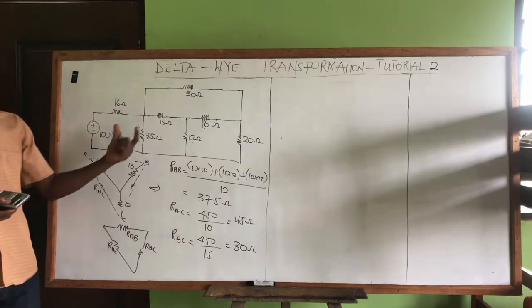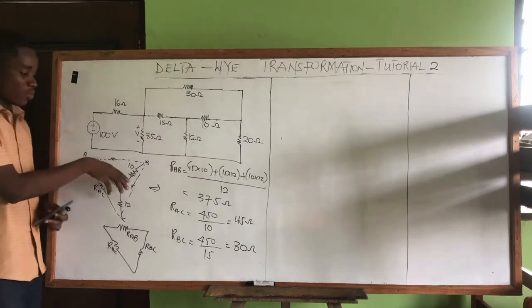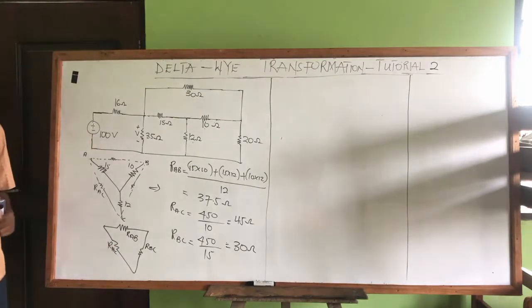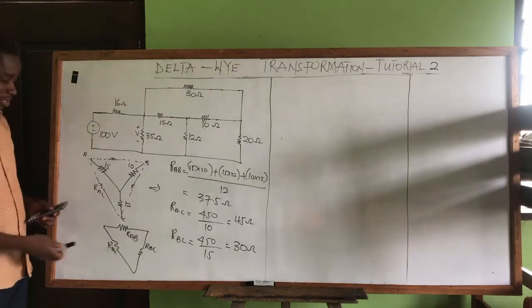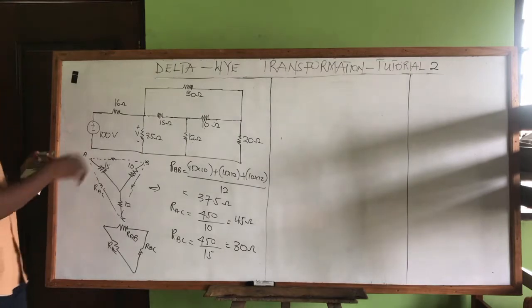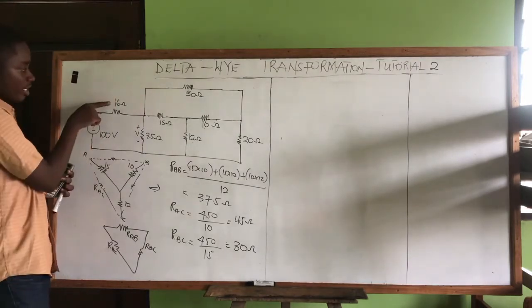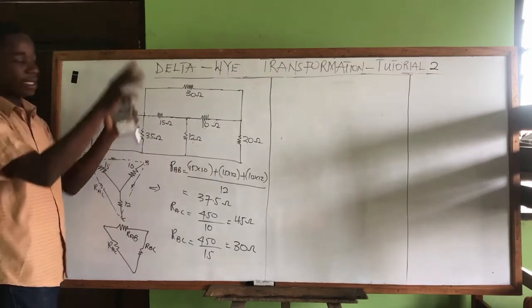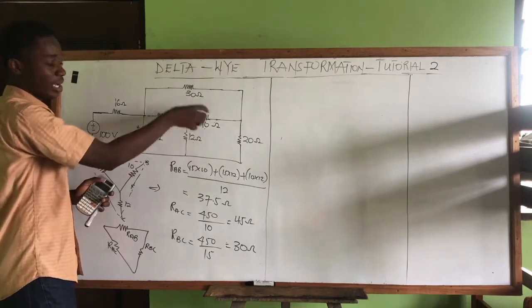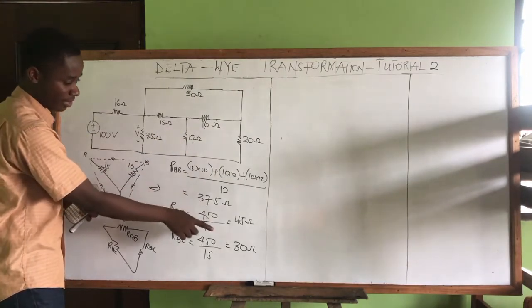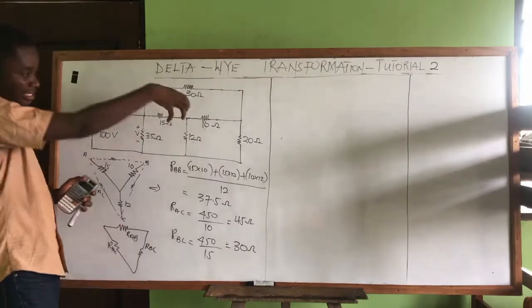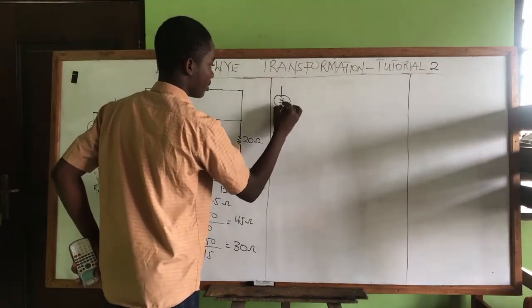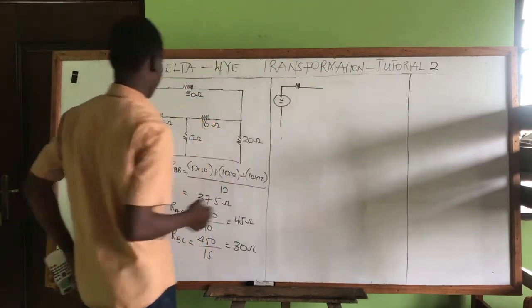We are now going to draw the circuit again, but where we have that Y shape, the T, we are going to replace it by the delta. Let's maintain the values we didn't transform: 16, 35, 30, and 20. Those values will be there. But 15, 12, and 10 will no longer come. We will have 37.5, 45, and 30 in that network. So let's start from the source. The source is there, the 16 is here.